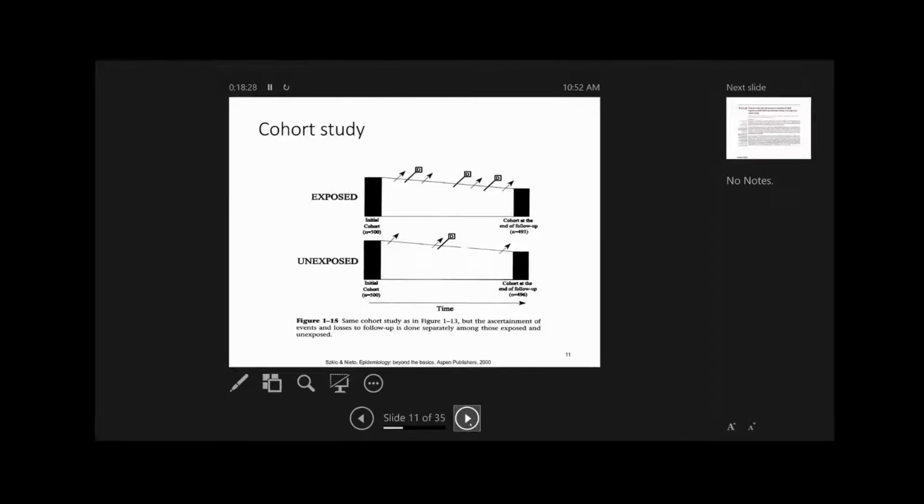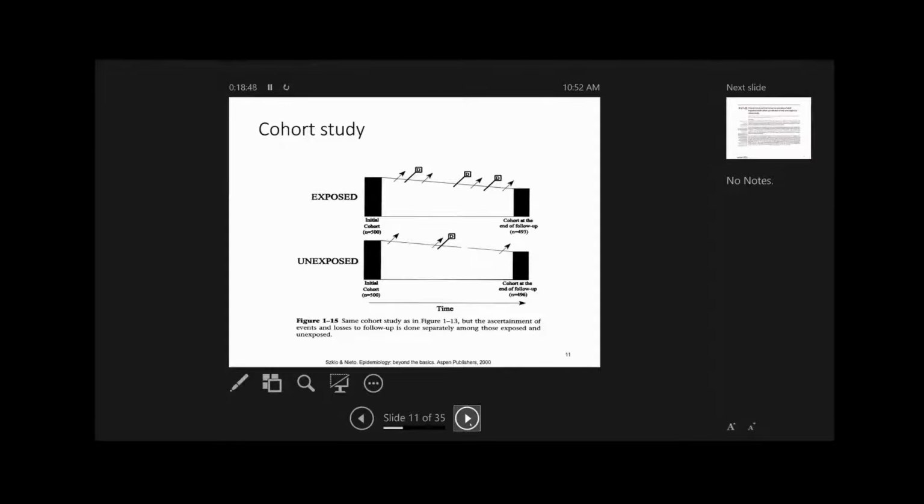So we didn't decide who's going to get exposed to asbestos. It has already happened. By naturally working in various occupations within the industry, some people were more exposed to dust than others. So you measure the exposure level to asbestos in some way, and you just follow them over time.